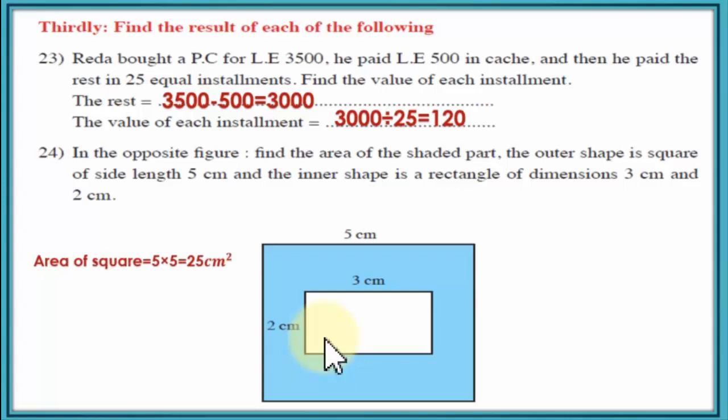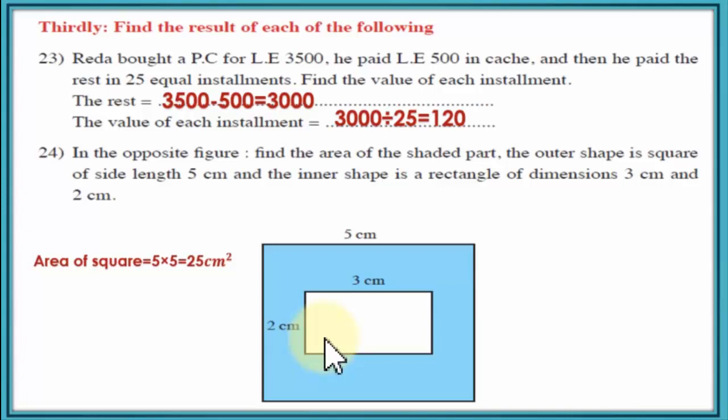In the opposite figure, find the area of the shaded part. The shape is a square of side length 5 cm, and the inner shape is a rectangle of dimensions 3 cm and 2 cm. If we want to calculate the area of the shaded part, we must calculate the area of the rectangle and the area of the square at first.